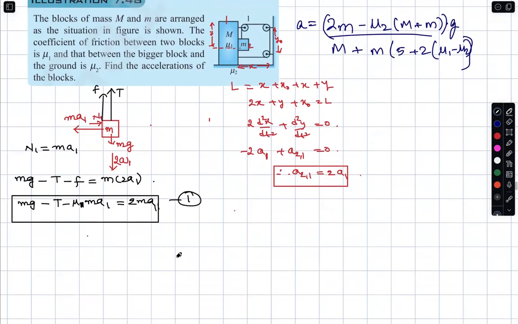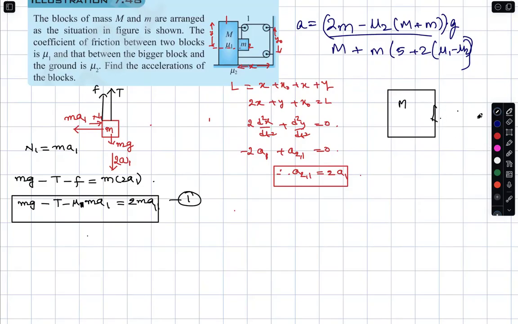Now, what is your next focus item? Your next focus item is the capital M block. So, on capital M block, you will have different forces like this. Here, this is action.